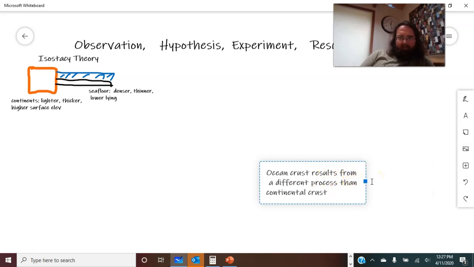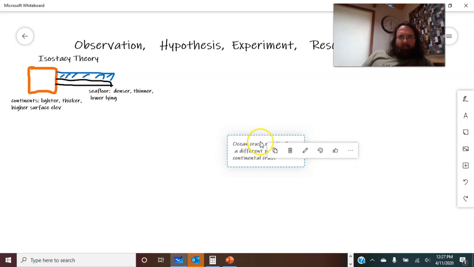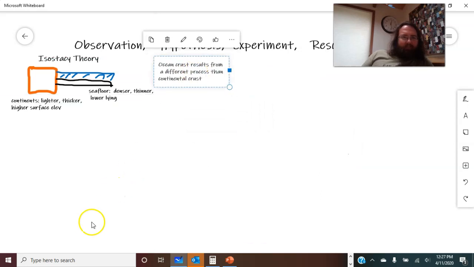We'll be able to test this once we get deeper into plate tectonics. But for now, just save this, and we'll be building upon this throughout the rest of the lecture.